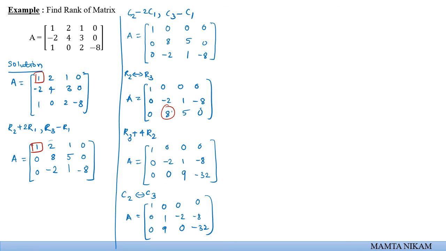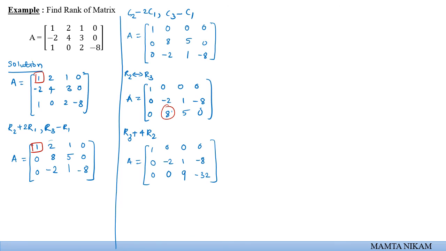But now if you observe, when we perform C2 interchange C3, what is happening? Here again we are getting a non-zero element, which we did not want. So again we will have to do some row transformation so that this becomes 0 again. So either you perform row transformation again, or avoid column interchange and perform transformations where it is.